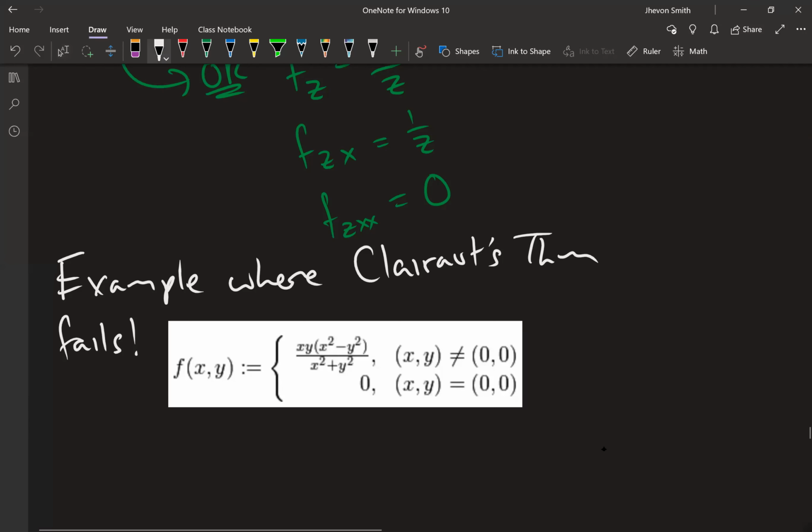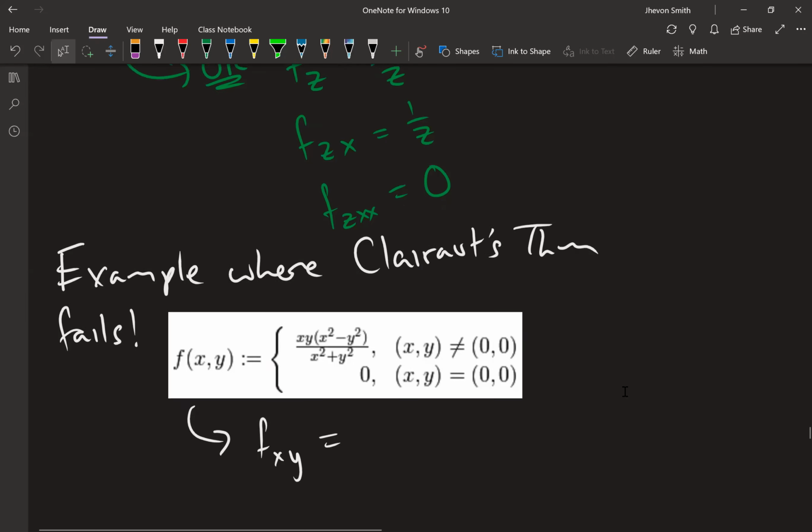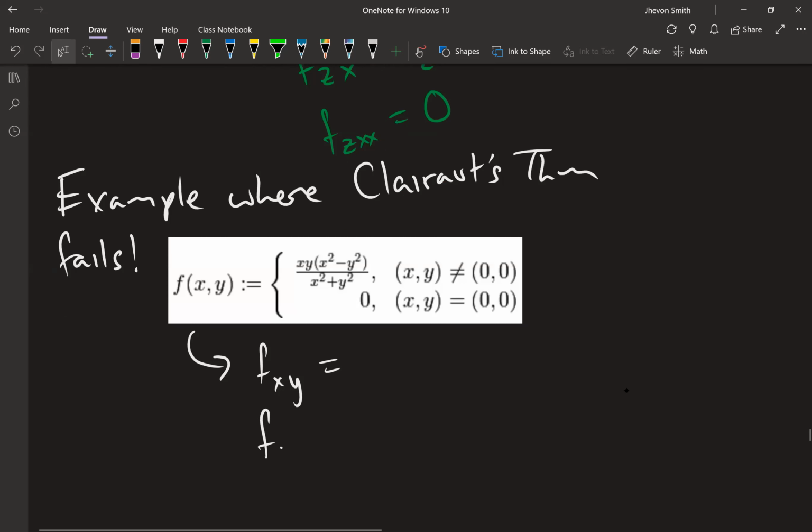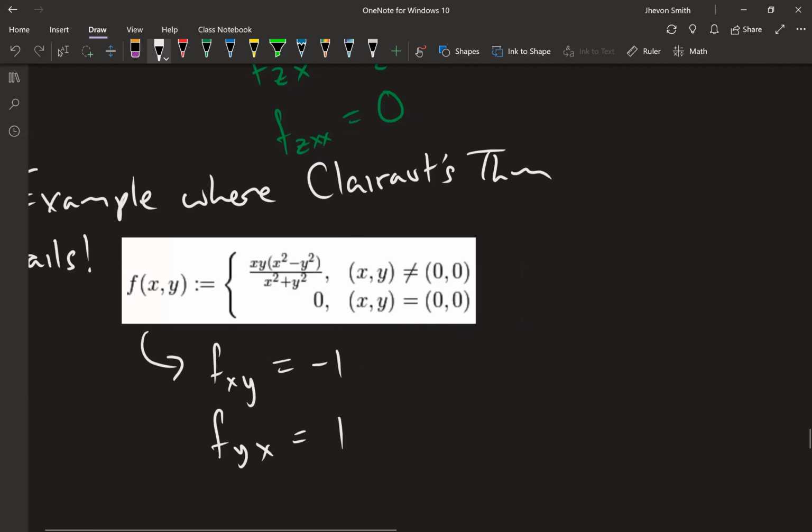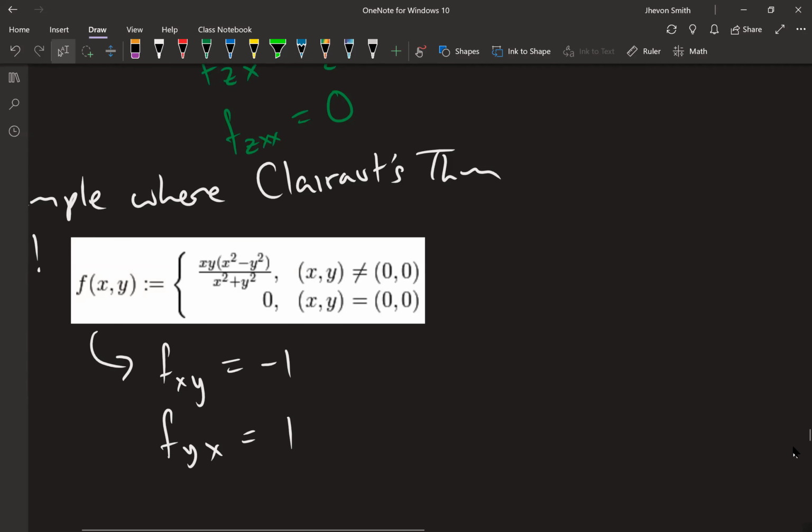Professor, speaking of this problem where it says the example where Clairaut's theorem fails, what you can figure out is that it only requires continuity. Oh, you don't think it's continuous? Jason has doubts. Can anyone verify whether this is continuous or not?